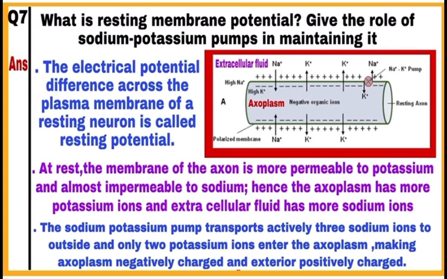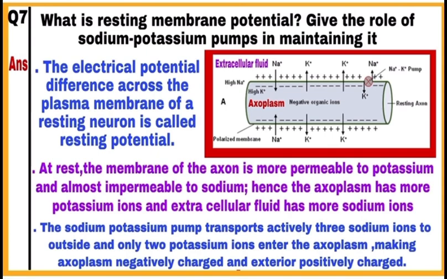At rest, membrane of axon is more permeable to potassium and almost impermeable to sodium. इसलिए एक्सोप्लाज्म में पोटेशियम आयन ज़्यादा होते हैं और एक्स्ट्रा सेलुलर फ्लूइड में सोडियम आयन ज़्यादा होते हैं. ये आयोनिक ग्रेडियंट across the membrane is possible due to sodium-potassium pump.